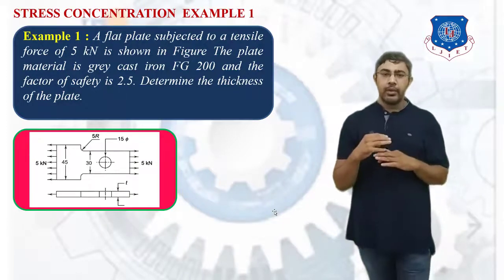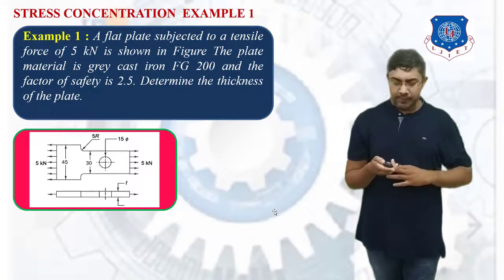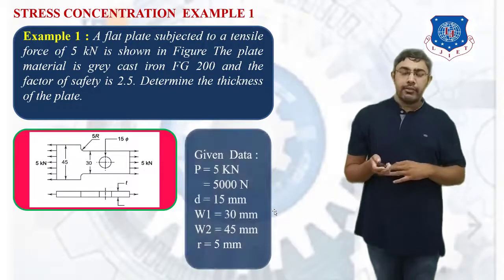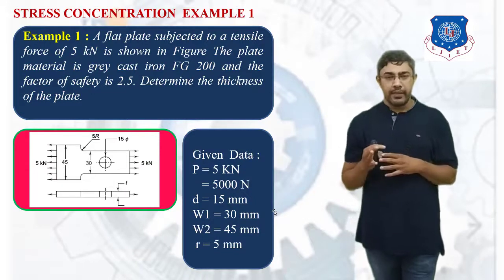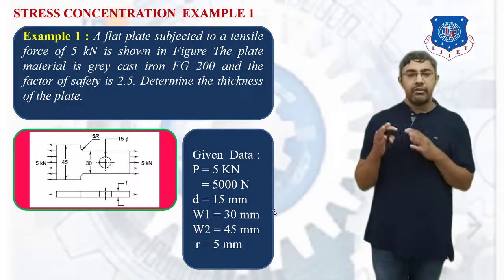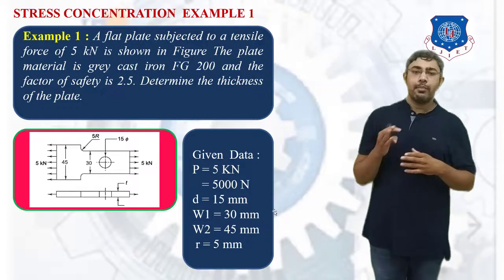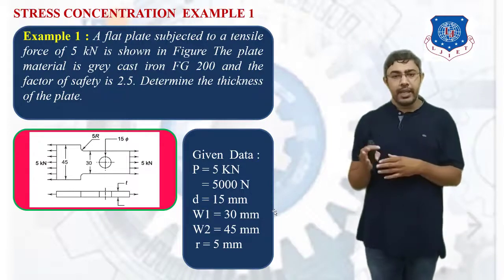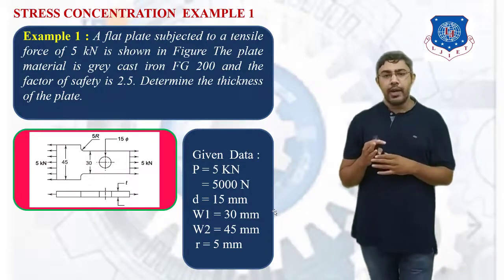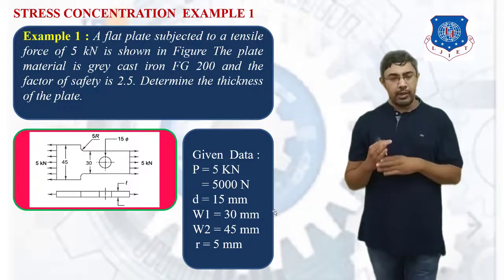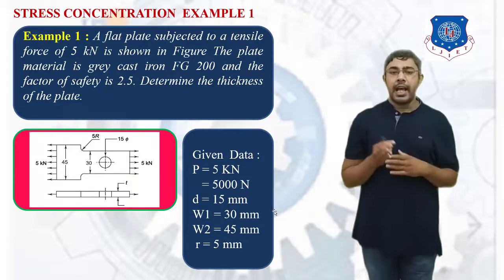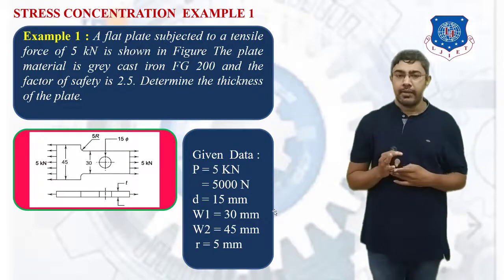We have to calculate the thickness of the plate. First, we collect the data: P is 5 kilonewton, equal to 5000 Newton, small d is 15 mm, W1 is 30 mm, W2 is 45 mm, and r is 5 mm.